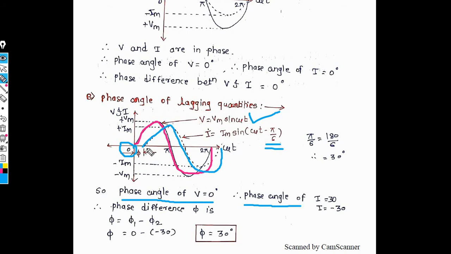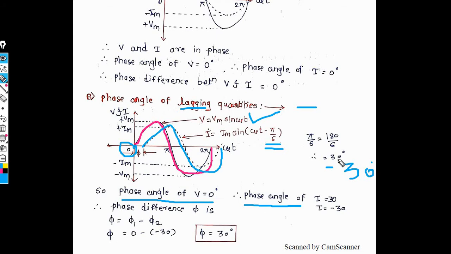We can consider any angle: 30 degree, 60 degree or 90 degree angle. In lagging quantities we take a minus sign for the angle, that is minus 30, because the current waveform starts after the voltage waveform. Okay.